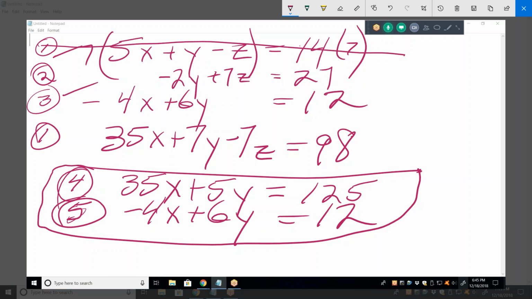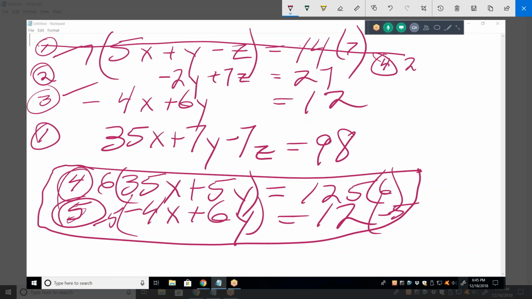Equation 4. Okay, so now I'm going up here to rewrite my equation 4. So 6 times 35 is 210.